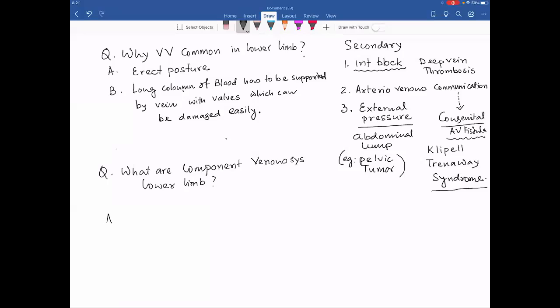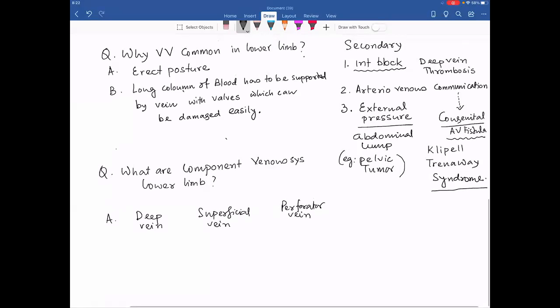Answer: sir, veins in the lower limb are divided into deep veins, superficial veins, and perforator veins.